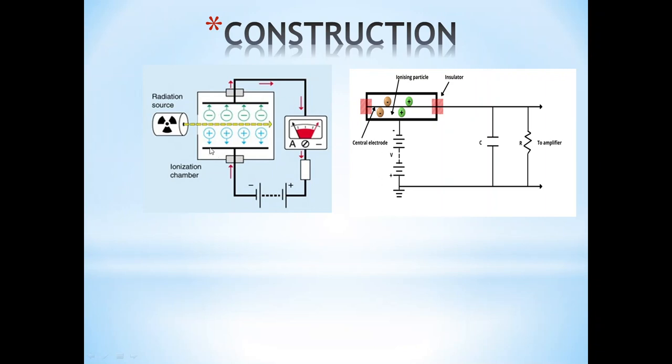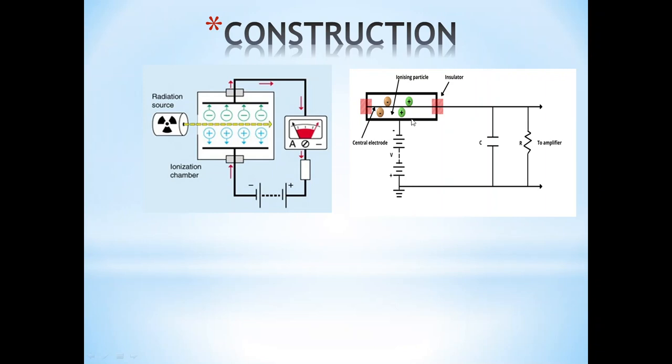These are two plates connected to a high potential difference and closed in a chamber with a window through which the particles can be incident. In the other case, the anode is in the form of a thin wire and the cathode is the whole cylindrical chamber. So these are the two kinds of ionization chambers which are used.